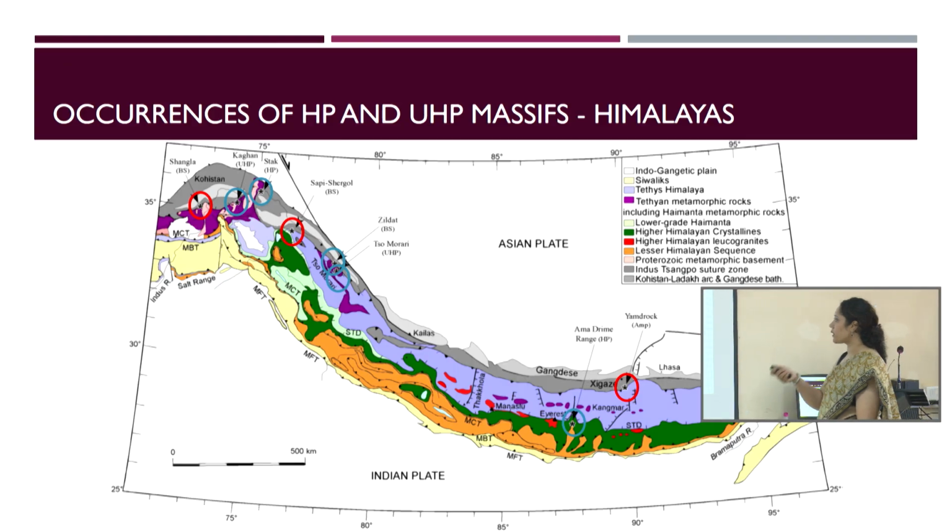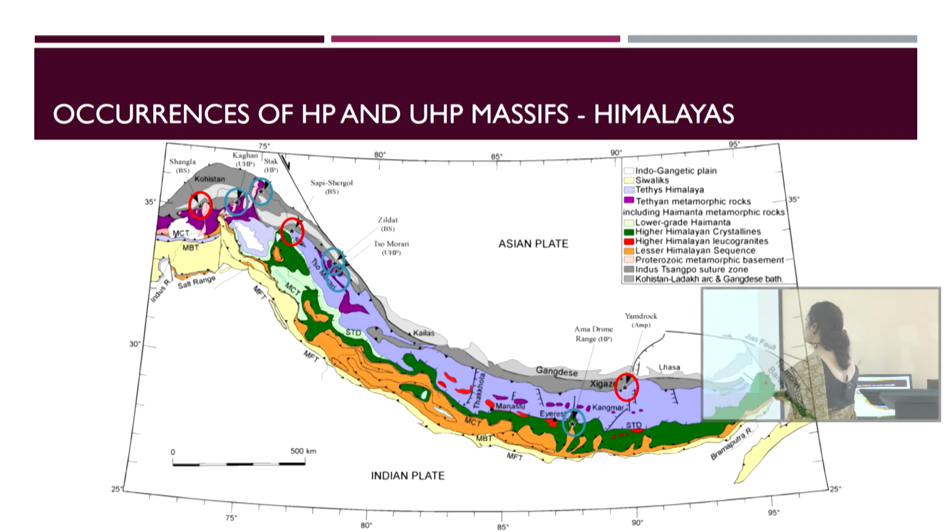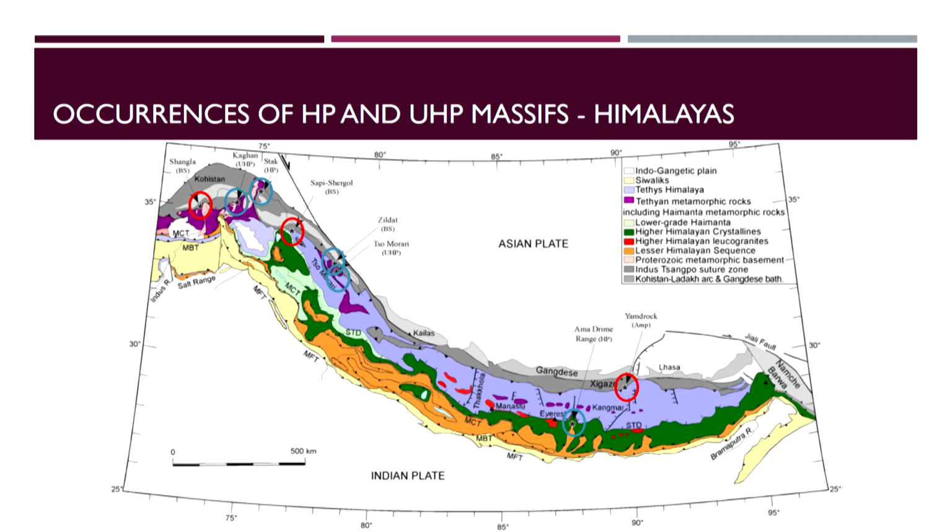Okay, so if you look at the Himalayan belt, you have, like I said, Kaghan, which is, where is Kaghan? This is Kaghan, and I've marked it in the wrong color, I'm sorry. So, no, sorry, the blue ones are UHP, so you have Kaghan which is UHP and Somorari, and everything else should actually be in red.